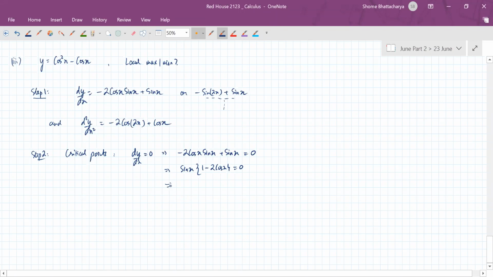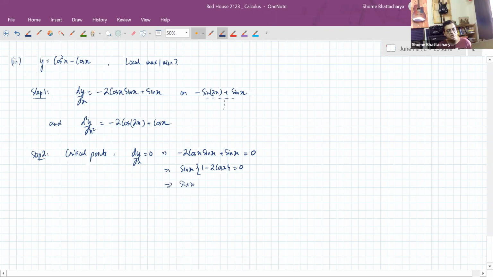So this means that either sin x is equal to 0 or 1 minus 2 cos x is equal to 0. So sin x is 0 will give us 2 roots in the fundamental cycle, and cos x is equal to half will give us again 2 roots, pi by 3, that is 60 degrees, and in the fourth quadrant 2 pi minus pi by 3, so that is 5 pi by 3.